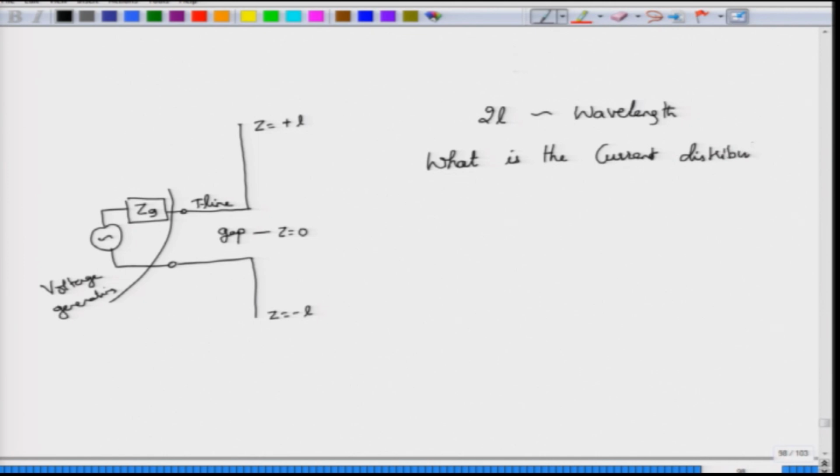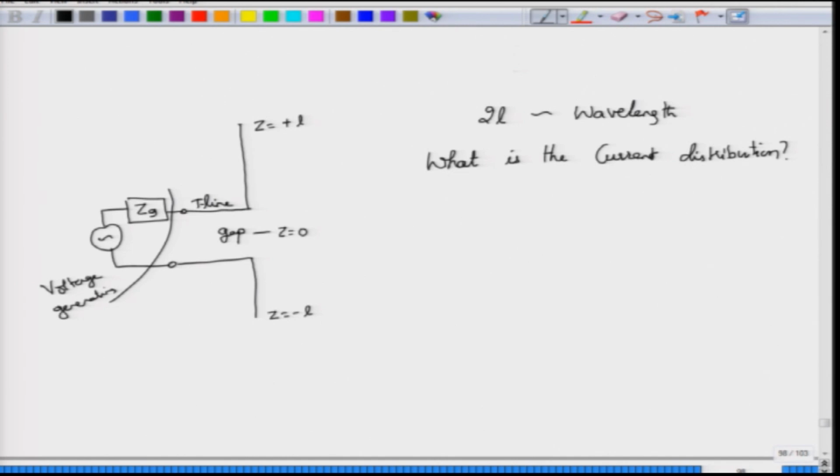Now, unfortunately for us, there is no specific answer, because this problem is so difficult that we have so far not been able to determine the exact current distribution on the antenna terminals.